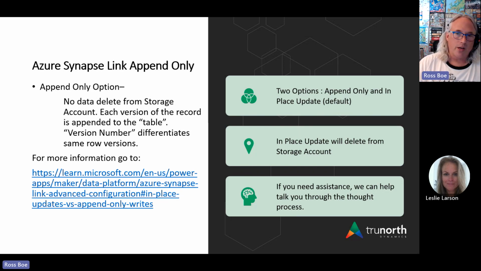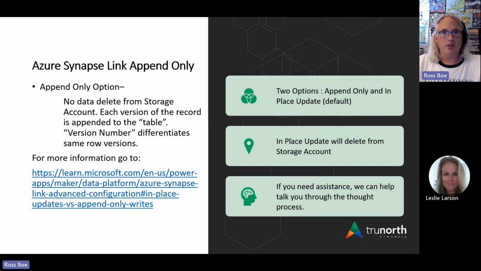When we are setting up Azure Synapse Link, there's an option for append only, and you select this on every table. And the difference here is, if I have append only instead of in place update, when a record is created, updated, and deleted, with append only, I have the create. I have the initial record in the storage account.